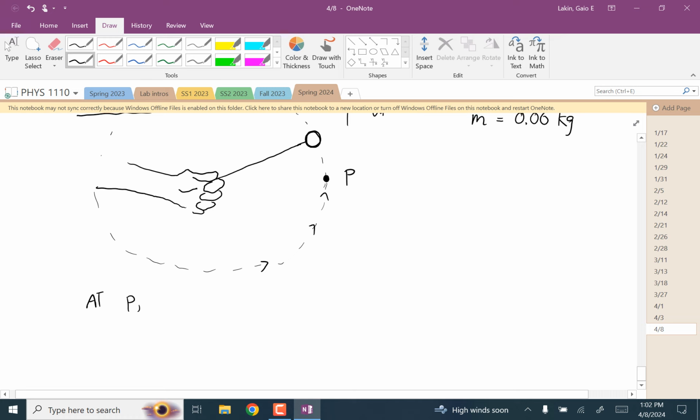At P, the ball has a speed of 10 meters per second. And it's slowing down at 9.81 meters per second squared.